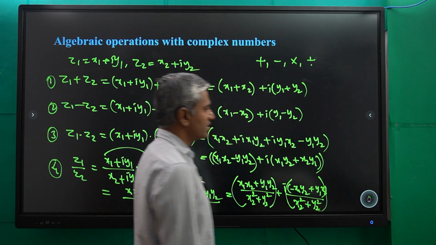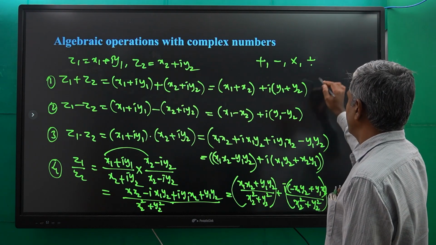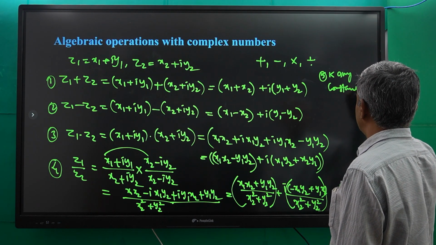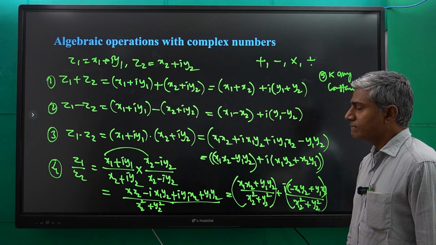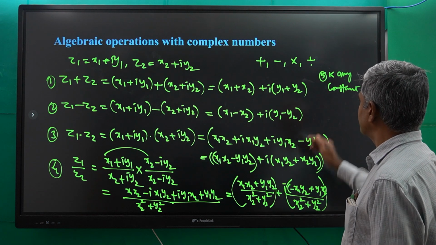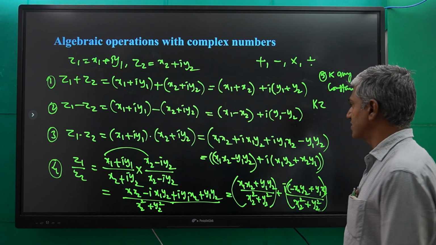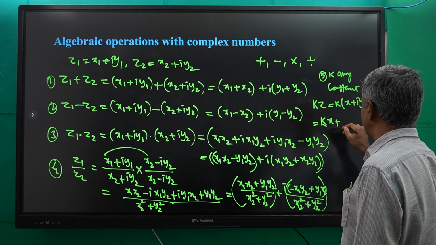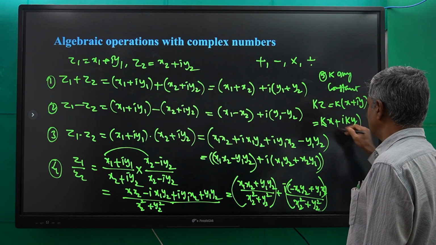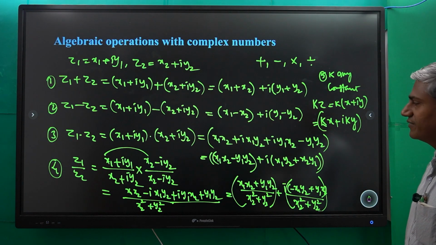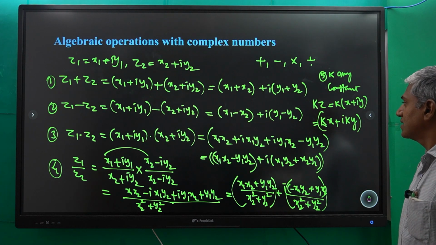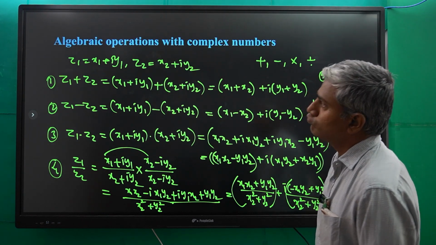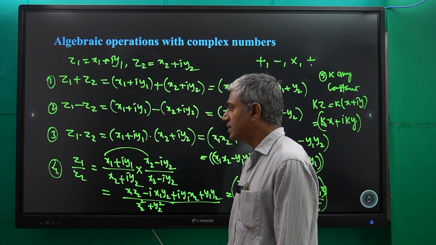There is also a fifth one, a constant. Suppose k is any constant which is multiplied by z. If you take k times z, this will be k times (x plus iy), so that will be kx plus i times ky. Therefore k is any constant which is multiplied by the real part as well as the imaginary part, and then automatically changes occur in both the parts, the real part as well as the imaginary part.